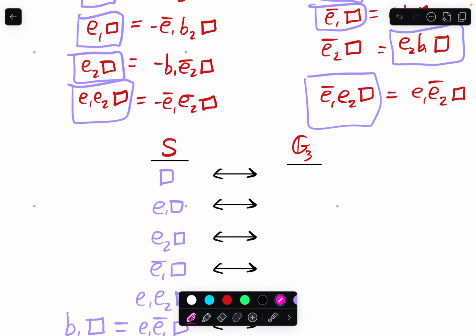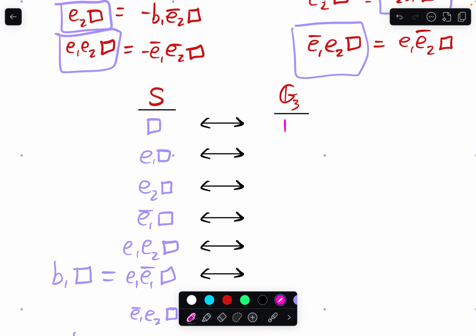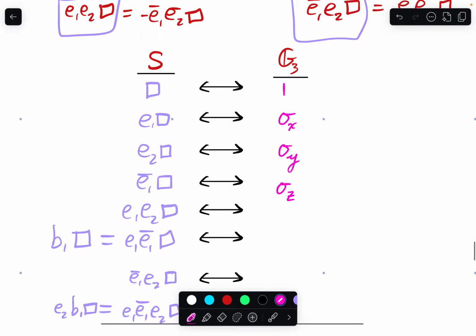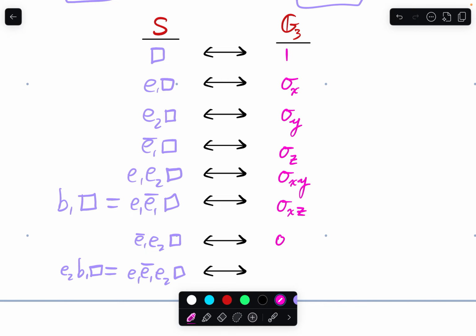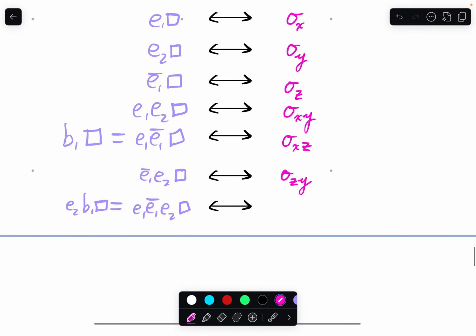Okay, and this will be equivalent to the 1. This will be equivalent to your sigma X direction, sigma Y, sigma Z. And then here it's sigma XY, sigma XZ, and this is sigma ZY, and then minus sigma XYZ, which is just minus the pseudoscalar.